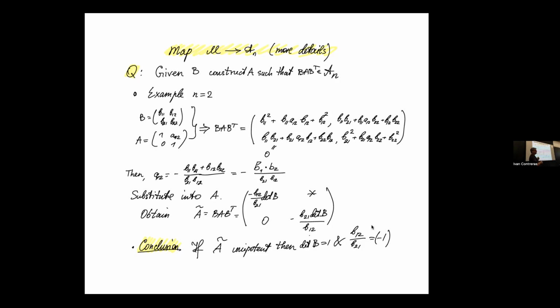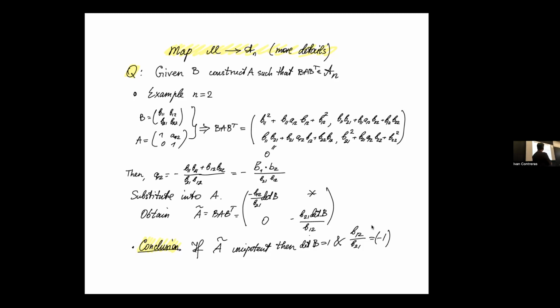So let's start with n equal 2. So then B is a 2 by 2 matrix, B11, B12. Well, you are able to see here, right? And I did this computation at home, which is complicated, but I managed. So we will get B A B transpose as such an expression.